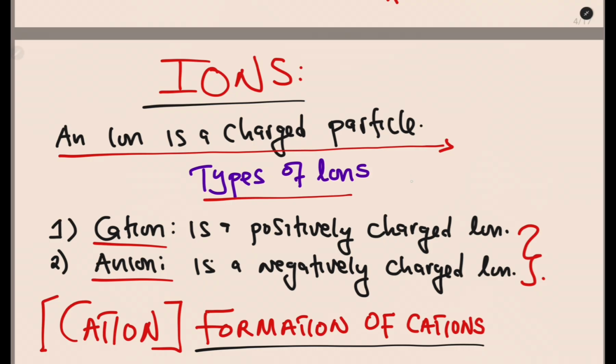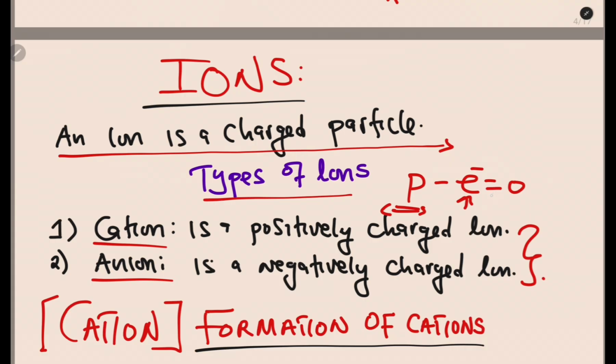For you to know, we said atoms are electrically neutral, which means if we add the protons and electrons, they give us an overall charge of 0. Now, the protons do not change, but the number of electrons can increase or decrease.